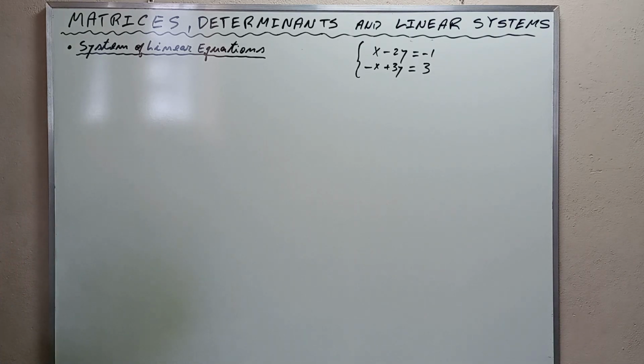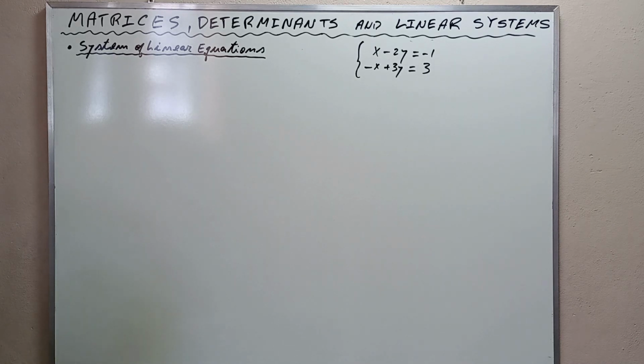A system of linear equations. A system of linear equations is a collection of two or more linear equations involving the same variables, a solution of the system is a list of numbers that makes each equation a true statement. System of two equations.